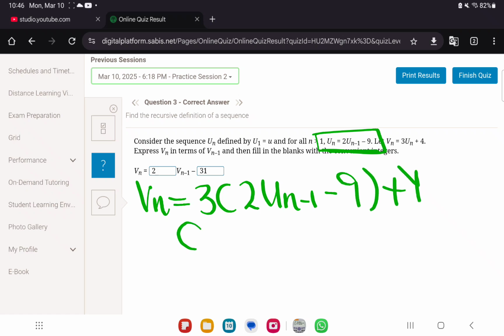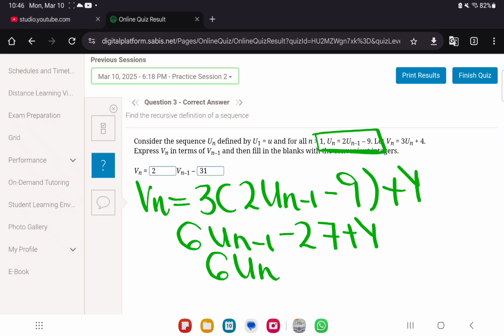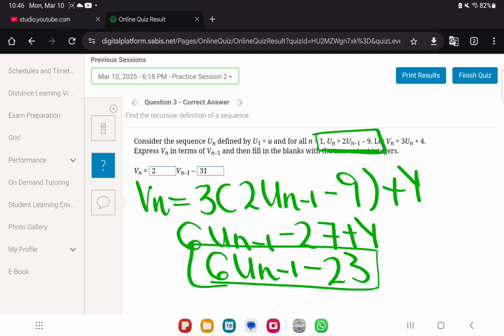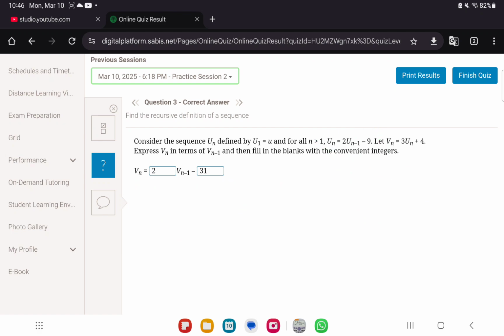You get 6 Un minus 1 minus 27 plus 4. That becomes 6 Un minus 1, and then minus 27 plus 4 becomes minus 23. And that's your first step. Now, remember this. Let me write it on top: 6 Un minus 1 minus 23.